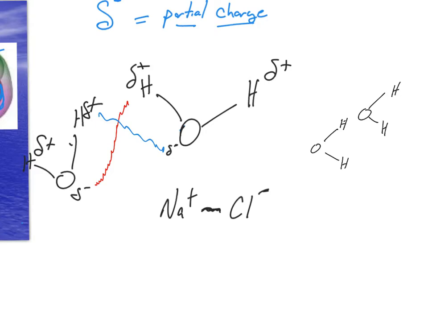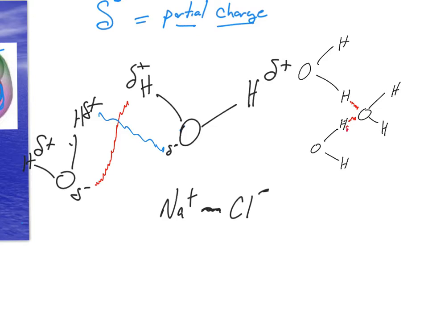And it lines up over and over again. Why is it lining up this way? Because there's this attraction between the partial negative charge of oxygen and the partial positive charge of hydrogen.